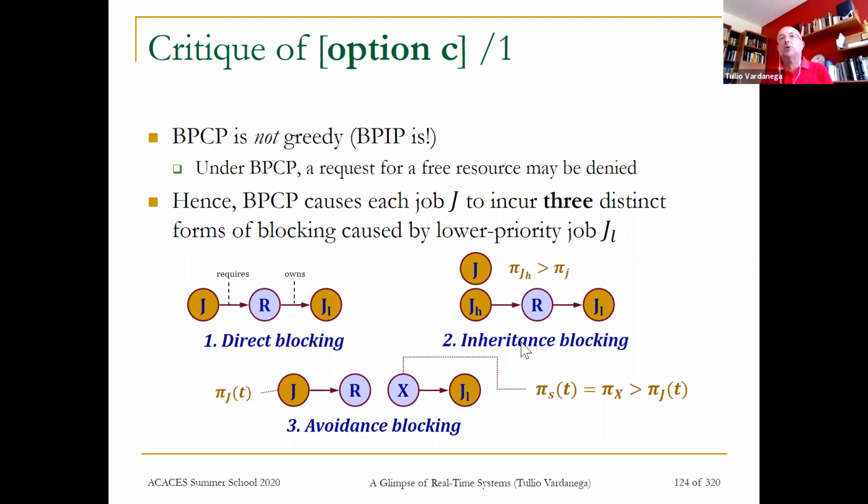So that's a sort of blocking called inheritance blocking. And now there is a third type of blocking with this protocol that says the resource is free, but you cannot get it, because if you get it, it may be dangerous, and we don't want danger. So that's a third form of blocking. So indeed, it is more complicated.